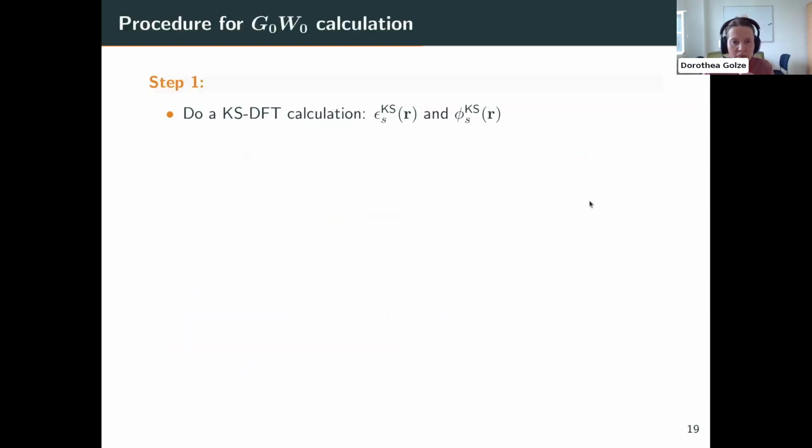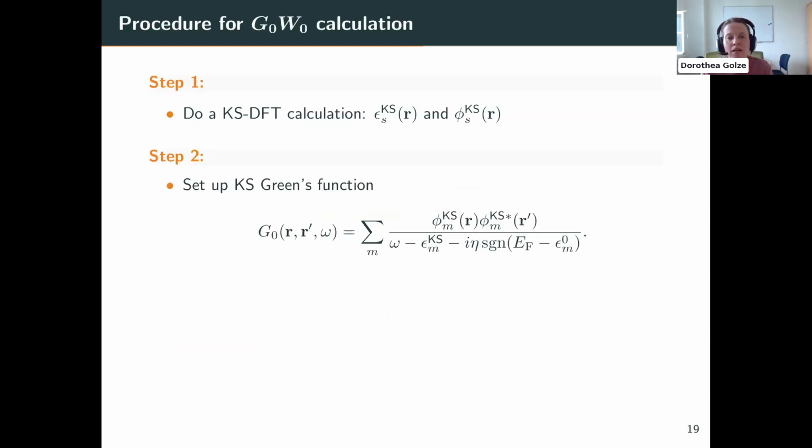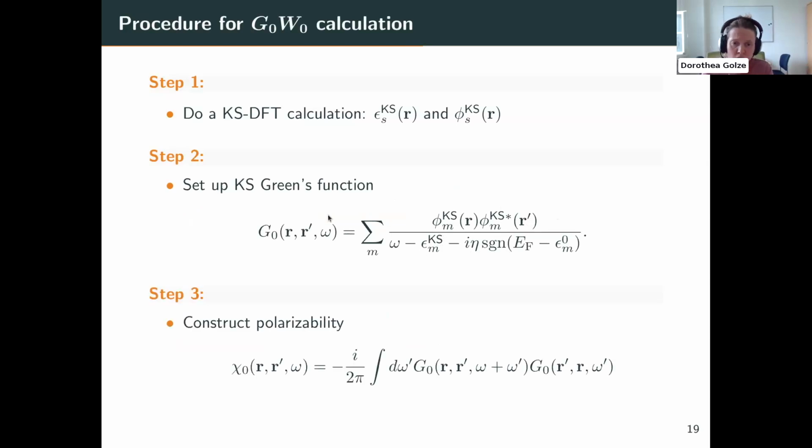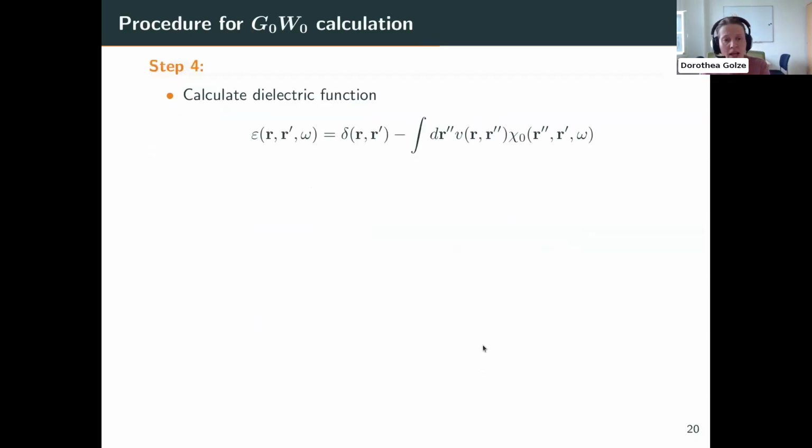So let's have a closer look. As I said, first the Kohn-Sham DFT calculation. Then we calculate the Green's function, where we have the orbitals in the numerator, and the energies enter the denominator. We then construct from G0 the polarizability as a product of two G0s.